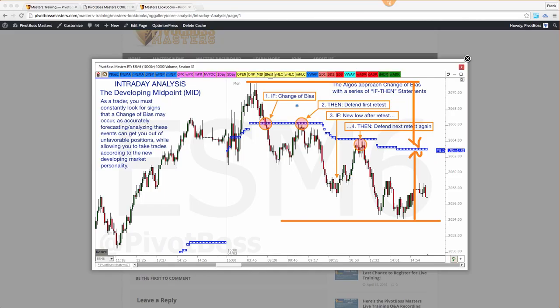And that's what I'm showing you here, the if-then statement that occurs as algorithms engage these key pivots. And this type of if-then statement can occur at any one of the intraday key levels that we follow. Most notably, it would occur at the mid and also at VWAP and also at the overnight pivot. But you can see this type of behavior oftentimes in other pivots as well.